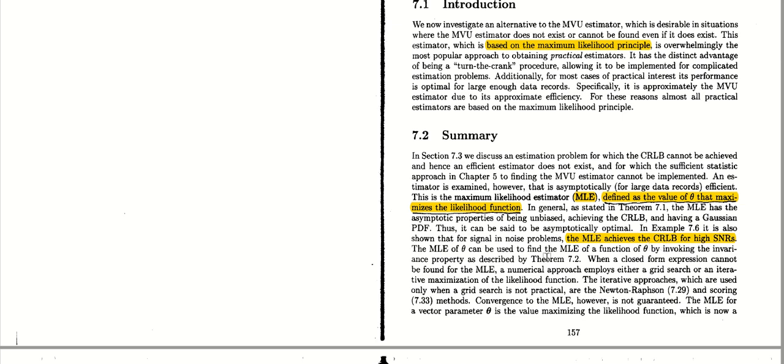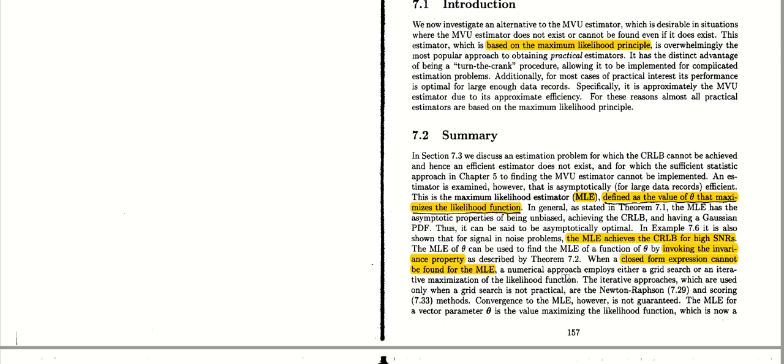Okay. And then there will be some invariance property. And also a closed form expression for MLE, in practice, it may not be trivial, and a lot of times you cannot find a closed form. Okay, unfortunately.